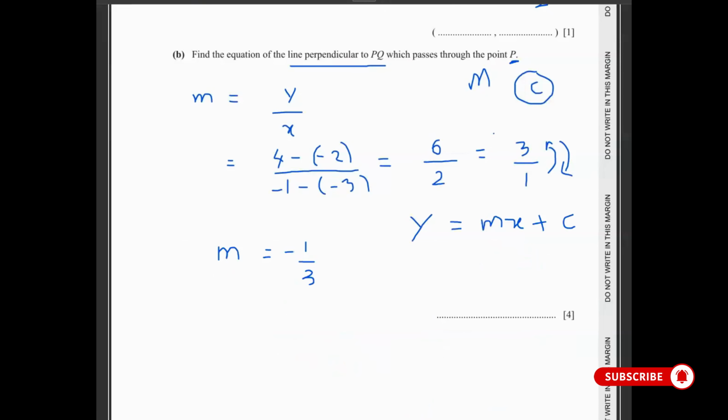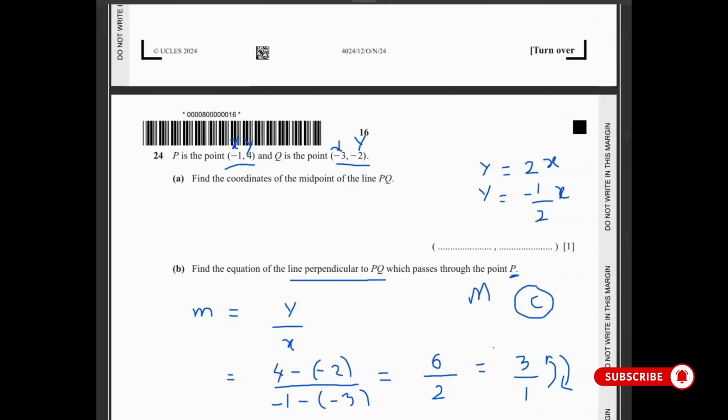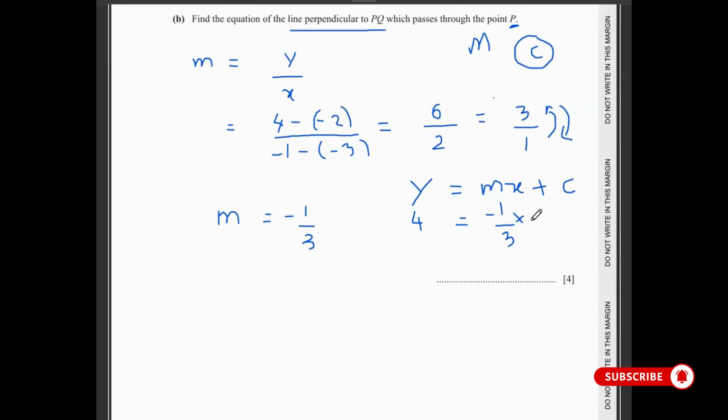So where y is, I can put 4. M we found as -1/3, so m I can substitute with -1/3. And x in point P is -1, so where x is I can put -1, plus c.